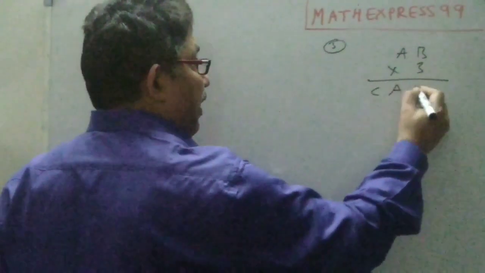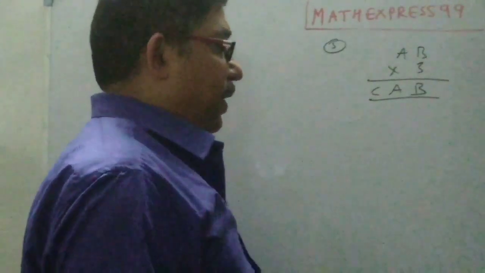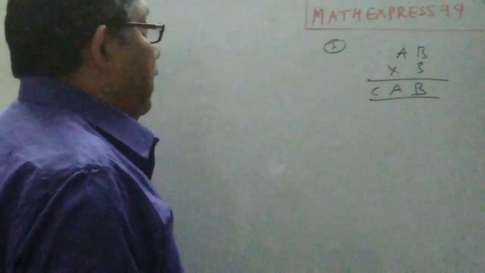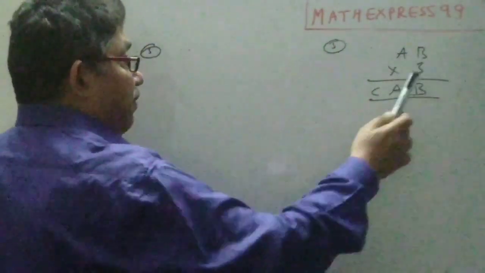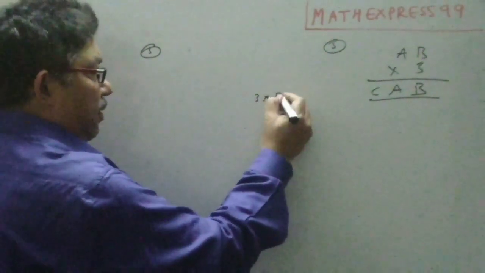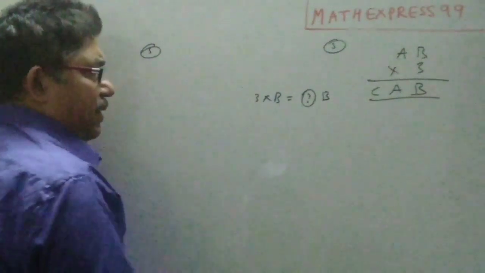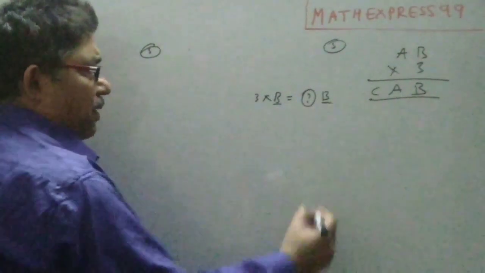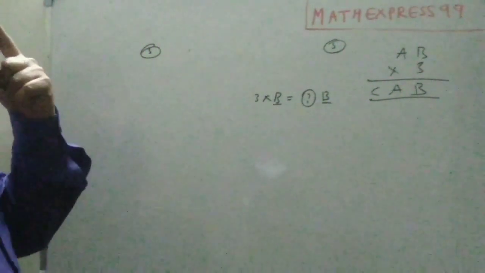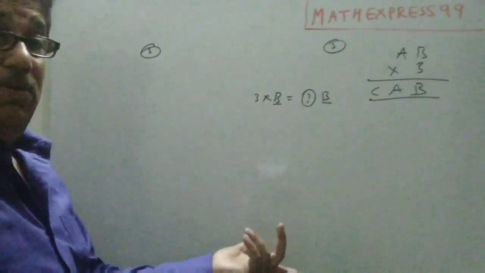This is what we have. Now 3 into B should give me, maybe there is some digit which I don't know, but the end digit is B. You can see this should be B again. So maybe this digit is 0 or 1 or 2 or whatever might be there, I don't know.